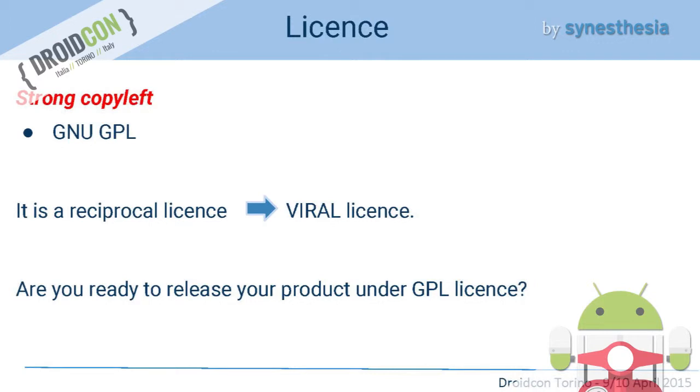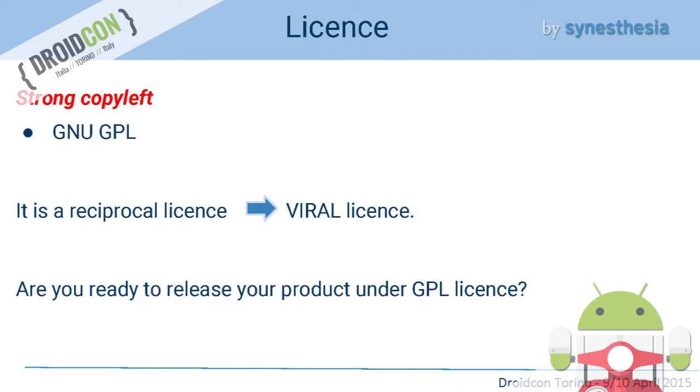I don't know if you know about the strong copyleft license. An example of this type of license is the GPL, especially GPL v3. It is known as a reciprocal license, also known as a viral license. What does it mean?